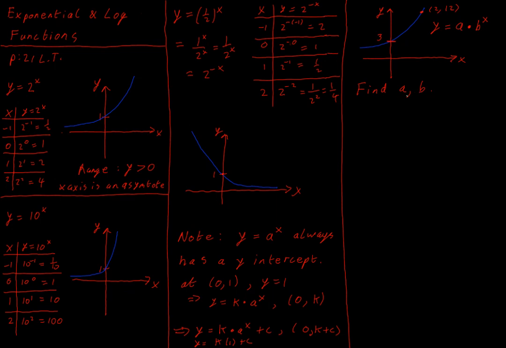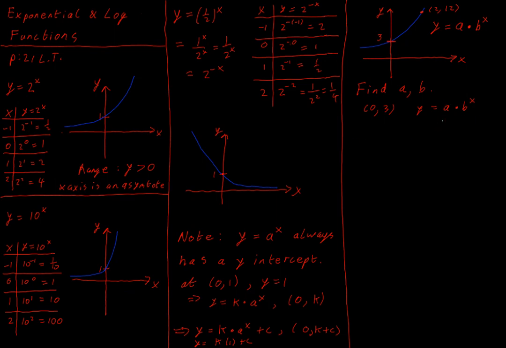Well, finding a is very easy. We effectively go to the initial conditions when x is 0, because when x is 0, I will have b to the power of 0 is 1. So when I have the point 0, 3, I will have y is equal to a dot b to the x.